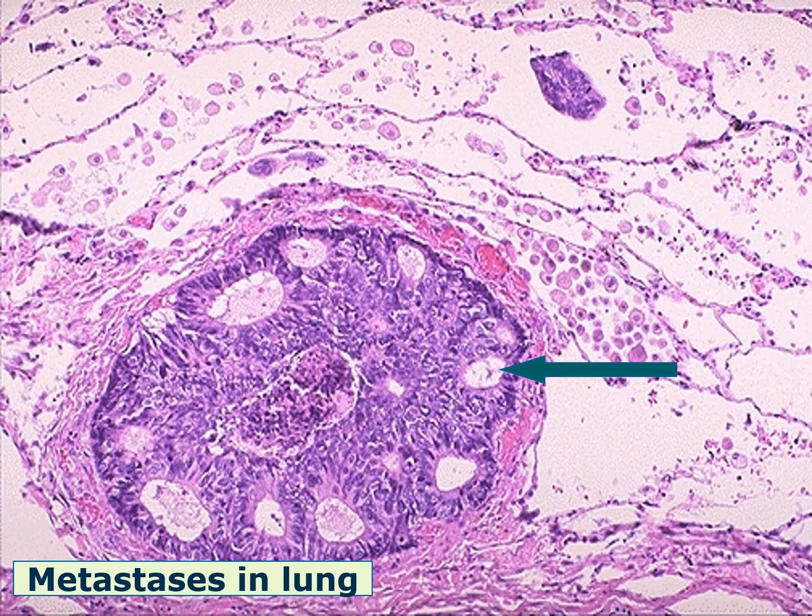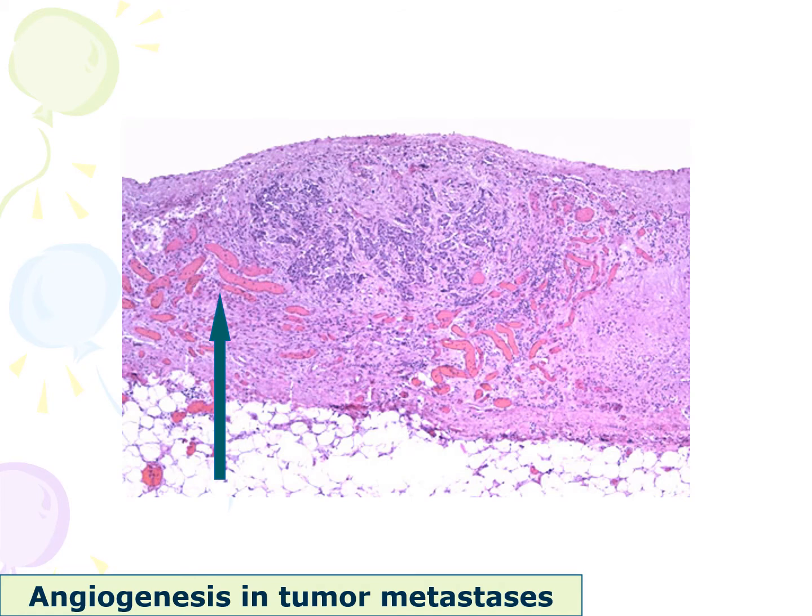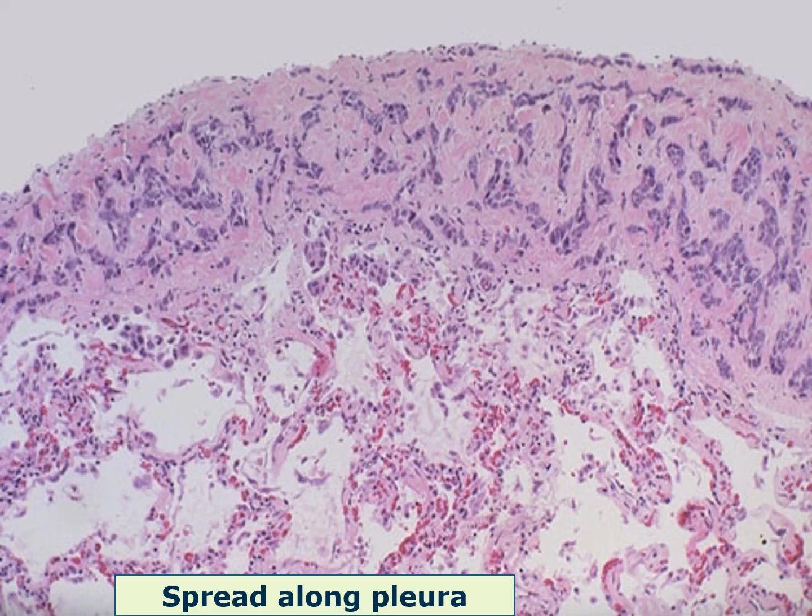Here we see metastatic breast adenocarcinoma in the lung. In this slide, a focus of metastatic carcinoma from breast is seen on the pleural surface of the lung. Such metastases may lead to pleural effusions.